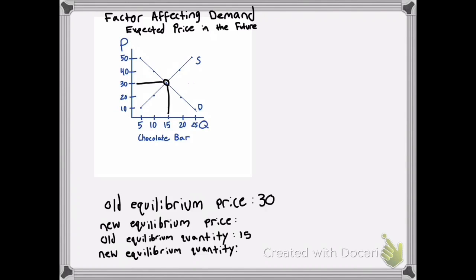So this would cause an increase in demand at the moment, causing the curve to shift this way, making our new equilibrium right here at 20 quantity desired and $40 for the new price.